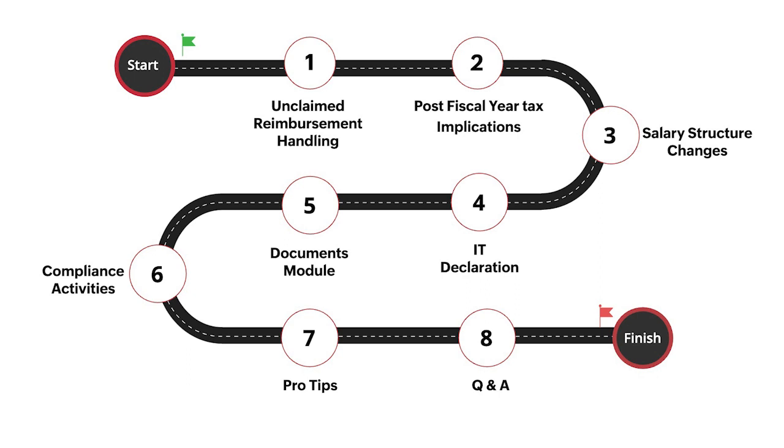We will also be talking about a new feature of Zoho Payroll, that is the Documents module, and see how that can help you with elevating your payroll process. Towards the end, we will be talking about some of the best practices surrounding compliance-related activities, post which we will be sharing some of the pro tips that you can implement to streamline your payroll process. Finally, we will have a 15-minute Q&A session where I will be answering some of your questions raised through the Q&A tab. Without any further ado, let's begin.